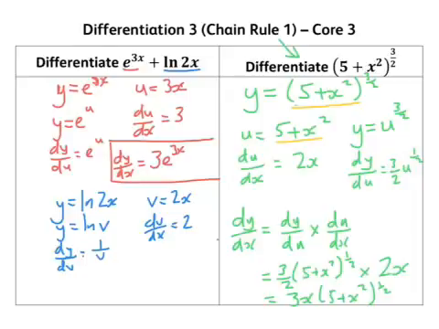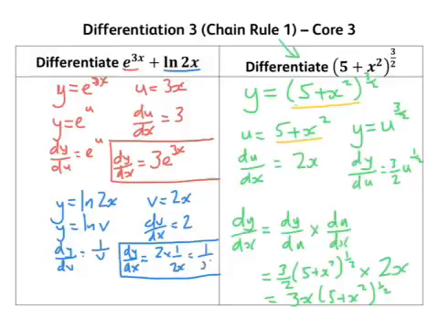And again in my little box here, dy dx is going to be dy dv, which is 1 over 2x, times 2, which equals 1 over x, and you should recognise that.